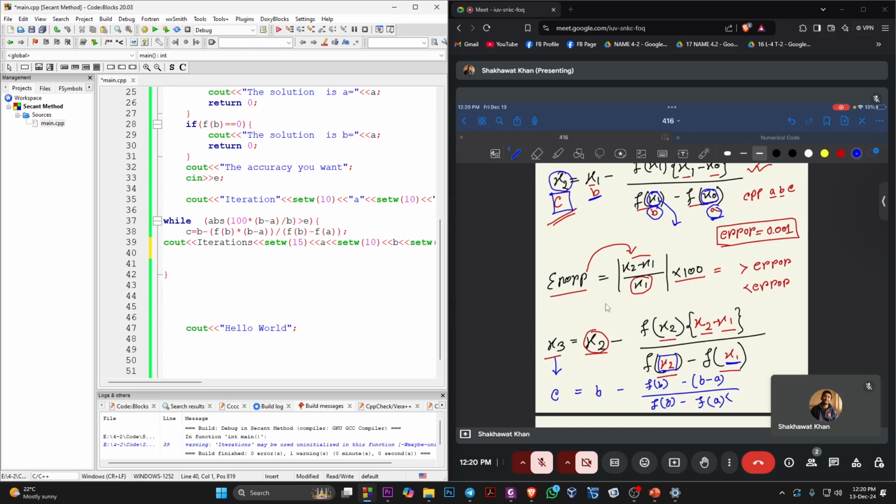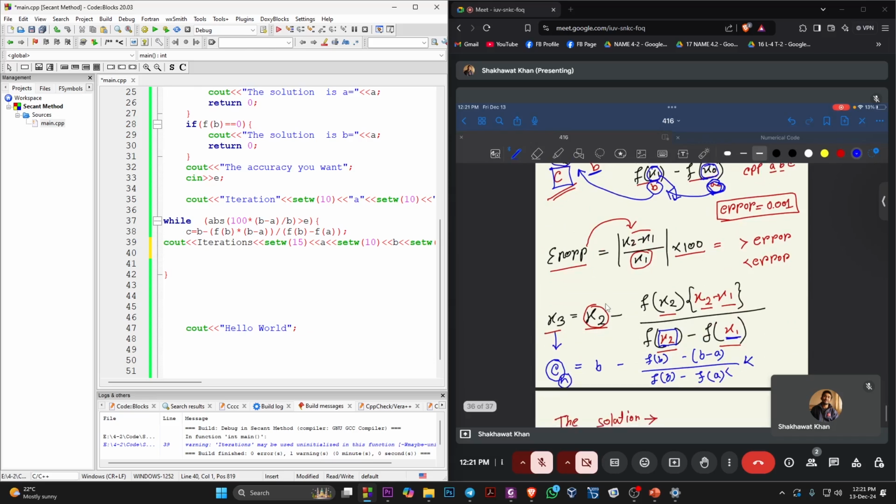Okay, so in that problem, this A value will be replaced by B and B value would be replaced by C, and we will gain another new C. Okay, so this swap, this replacement should happen again and again, so that our iterations proceed to our solution.